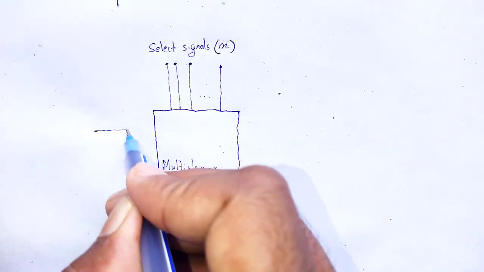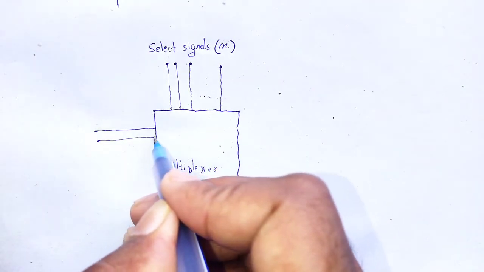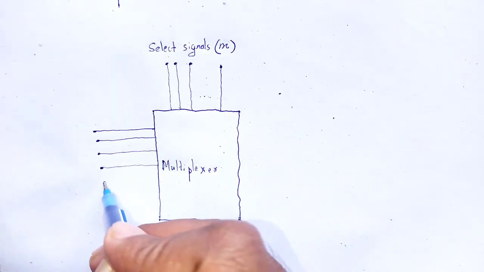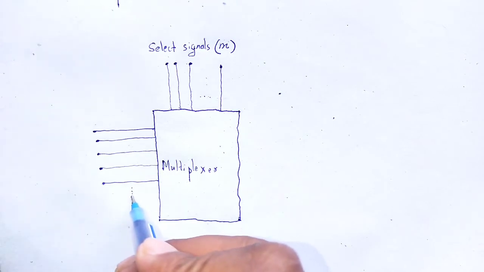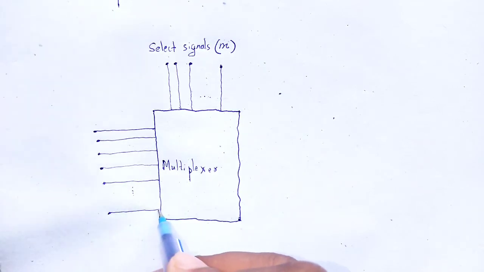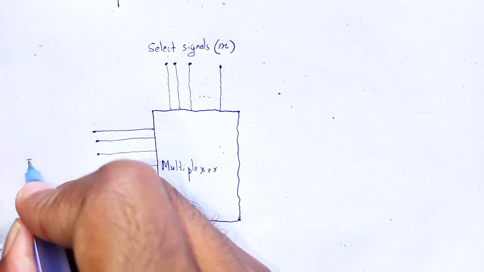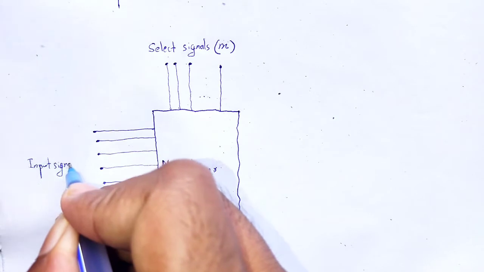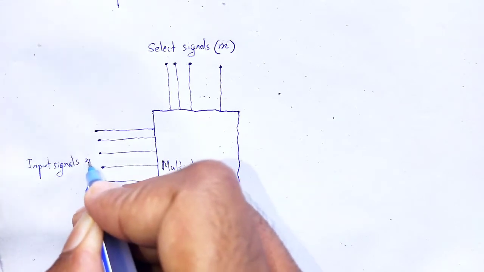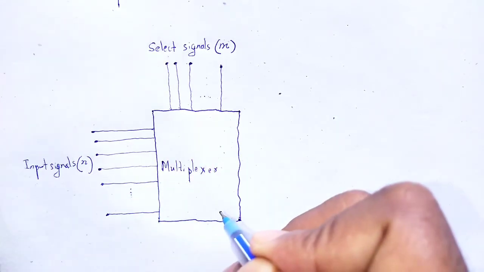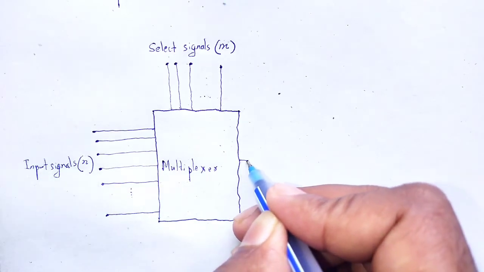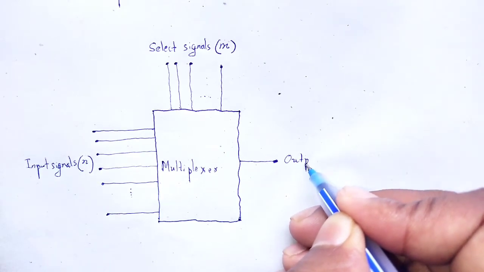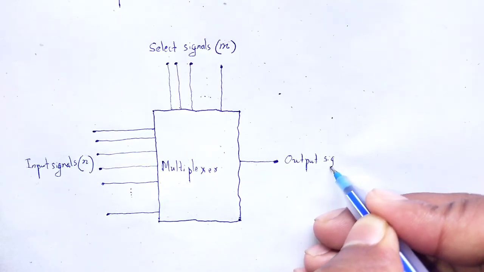Input signals, n number of input signals, but we have one output signal.